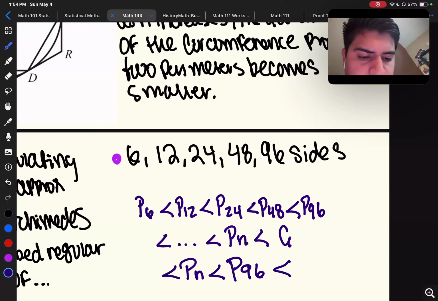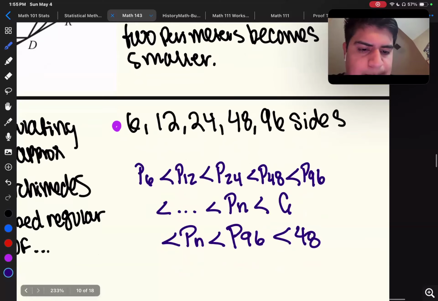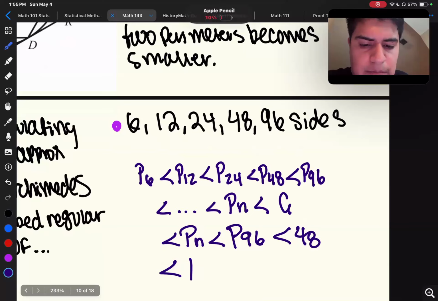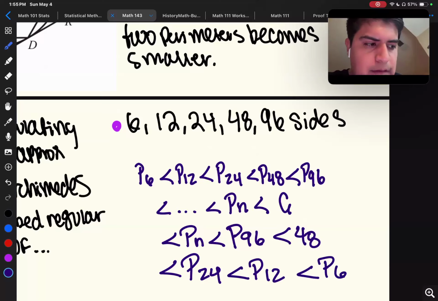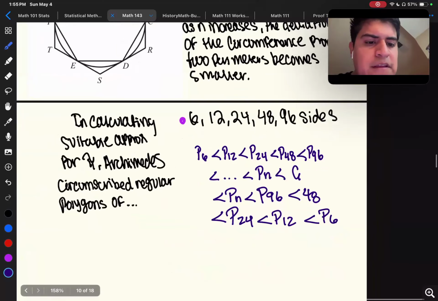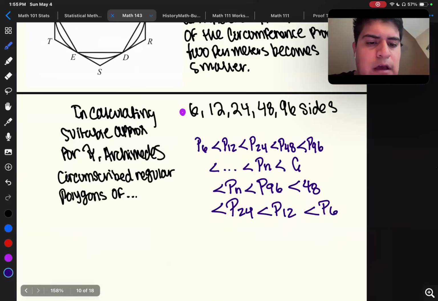Let's say P48, P24, P12, and P6. So this is based on the definition of our sequences.